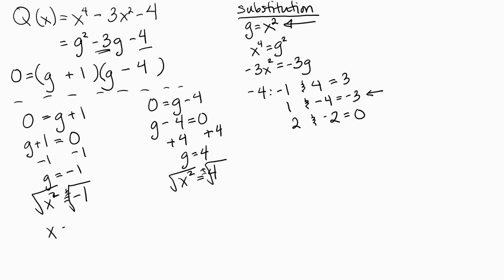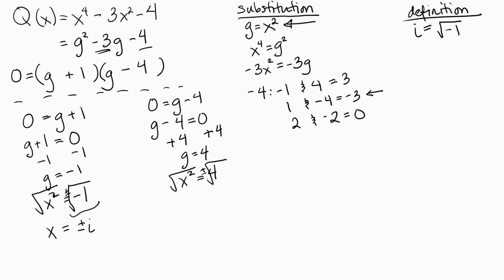So x is equal to, here's that other piece of information that we need to know: the imaginary number i is the square root of negative 1. That helps us in this specific instance when we have a negative under a square root. So we're going to swap out the square root of negative 1 with i, and then we have a plus or minus in front.